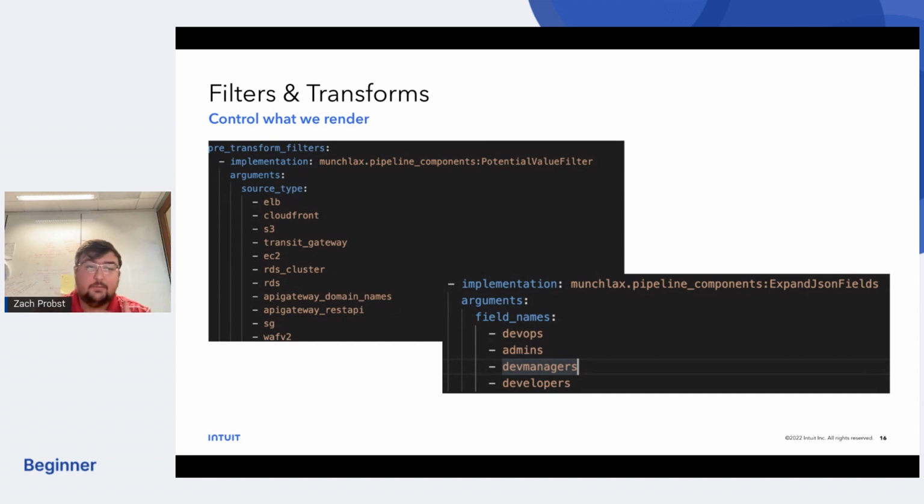And as we encounter new use cases, we implement these reusable components, right? If you look at the expand JSON fields one on the right, we didn't build an expand-this-particular-field-in-this-particular-object transform. We built a generic transform that can be reused across different pipelines. Same thing with filters.